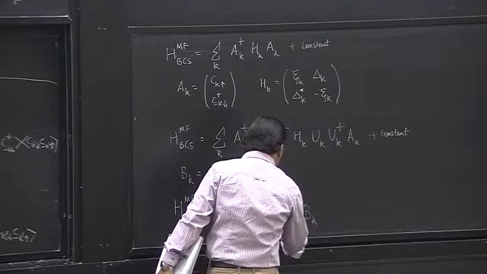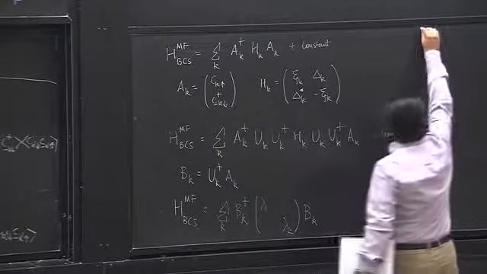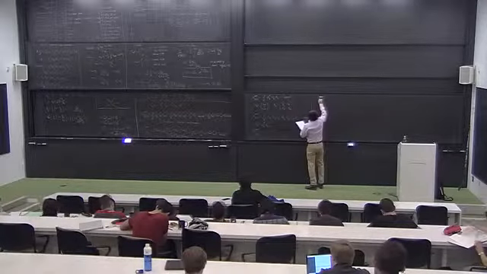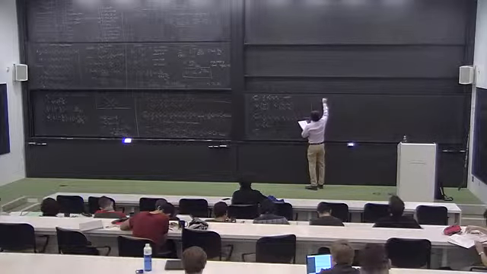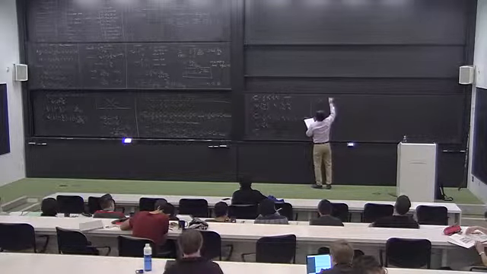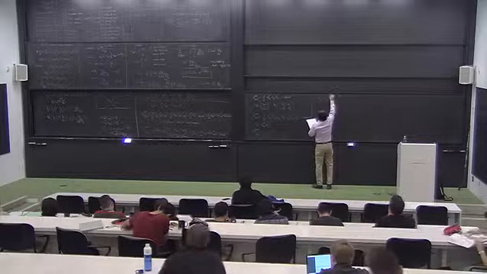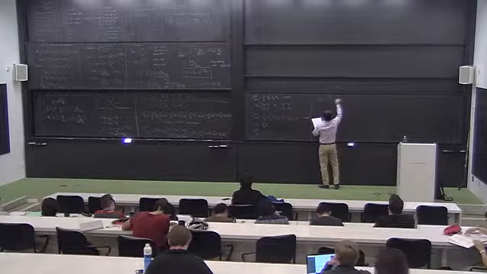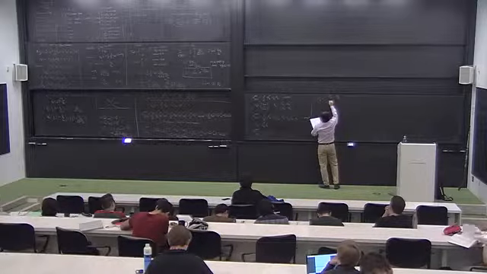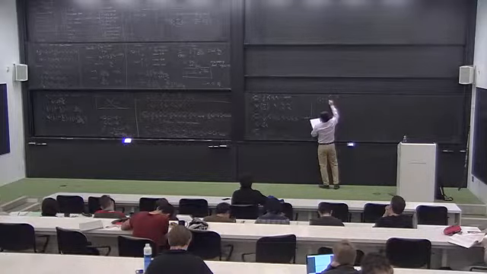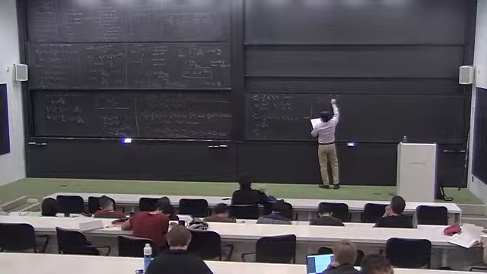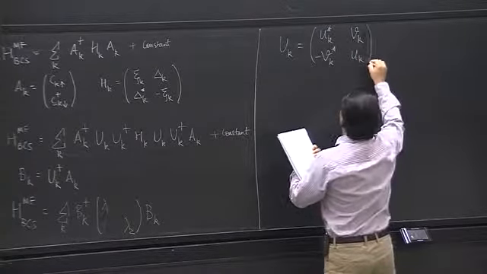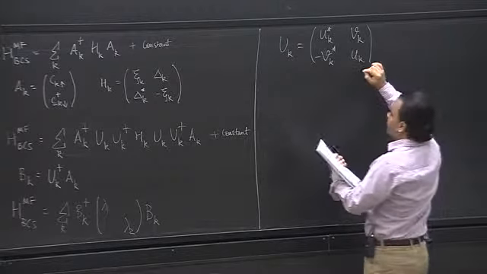So by imposing this constraint, any 2x2 unitary matrix, I can write in the following way. So this is a unitary matrix.